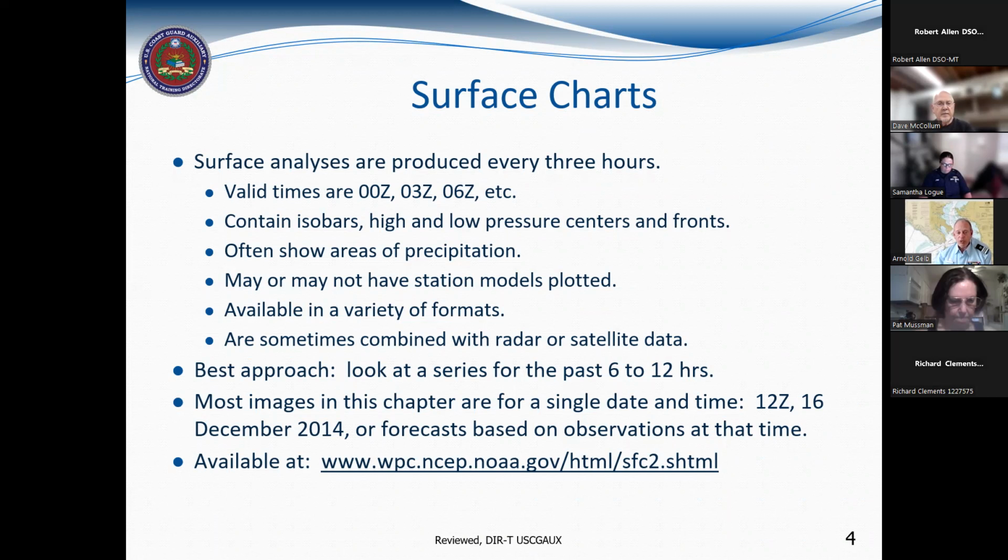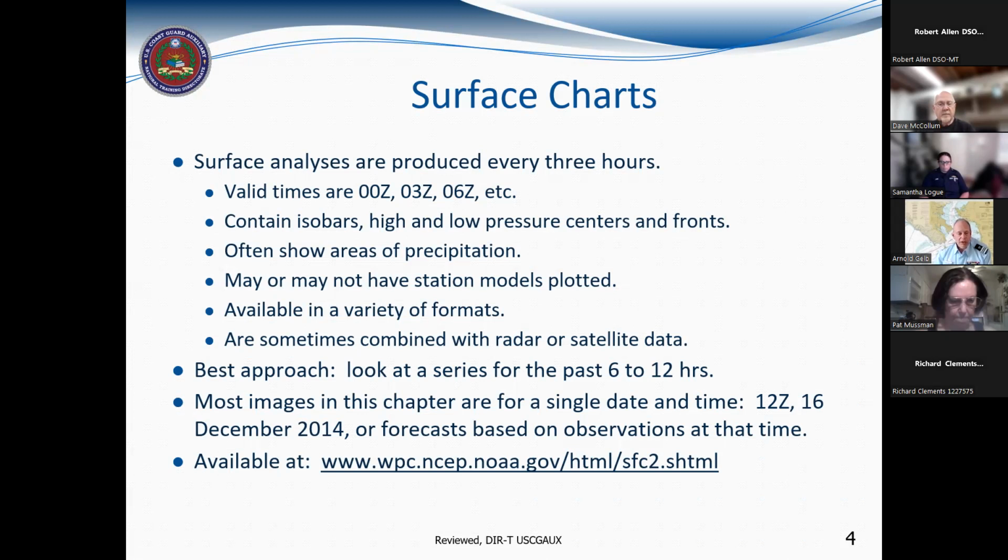There are quite a few different formats out there, and sometimes they can be combined or overlaid with radar or satellite data. The best approach is not to look at an individual chart, but to look at a series of charts over the past 6 to 12 hours so that you can identify trends.